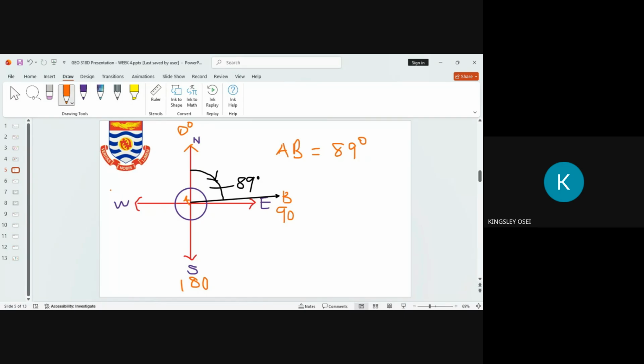I would have written here 270. So when you come to the quadrant, here we said for 0 or 360, 90, 180, 270. This is for whole circle bearing.